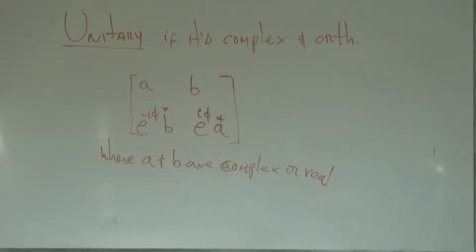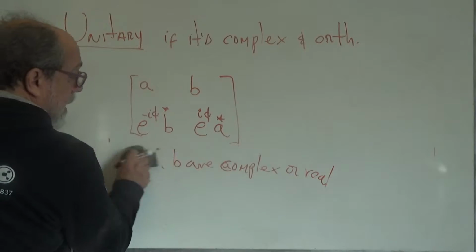And there is one constraint, which is that the norm of A squared plus the norm of B squared is equal to 1, but instead of me just saying it, let's just prove it, right?